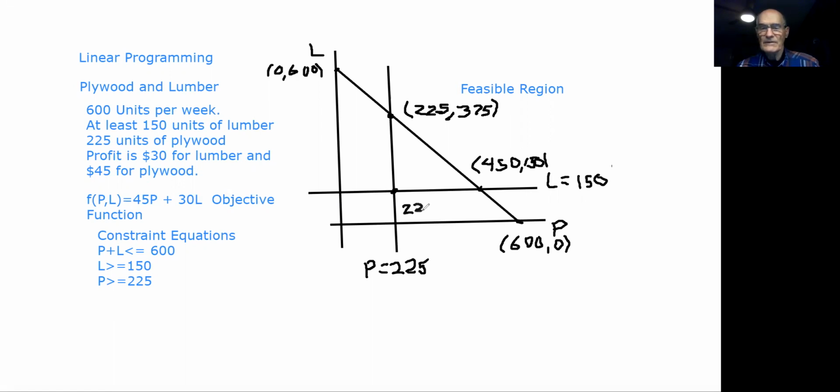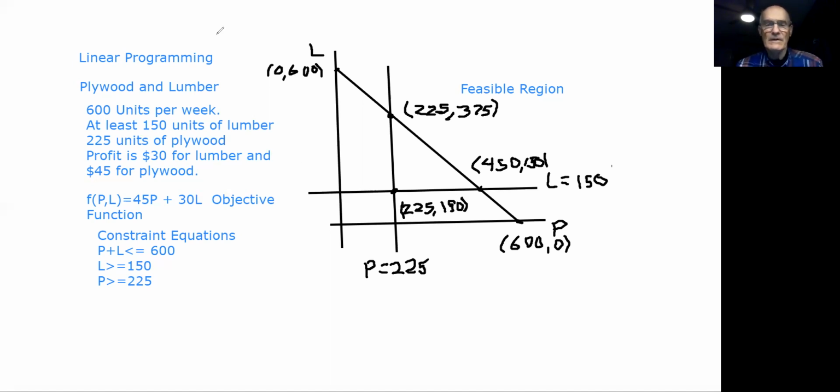So this is 225 and 150. Now, as I said, the maximum point will occur at one of these points.